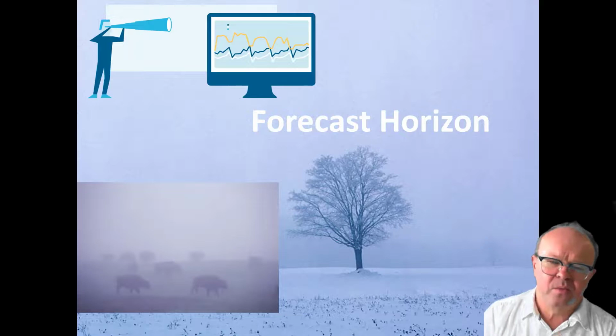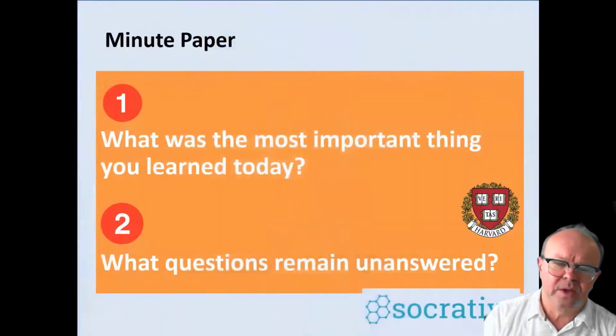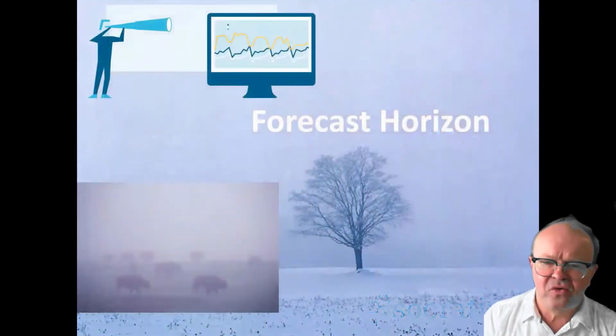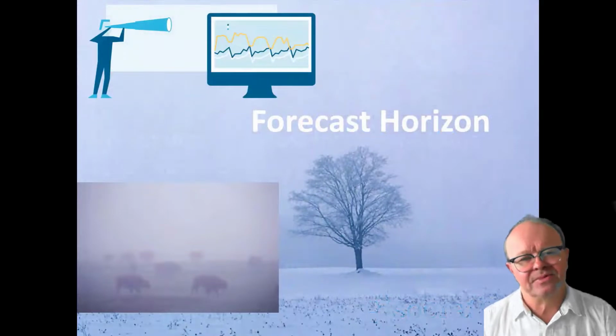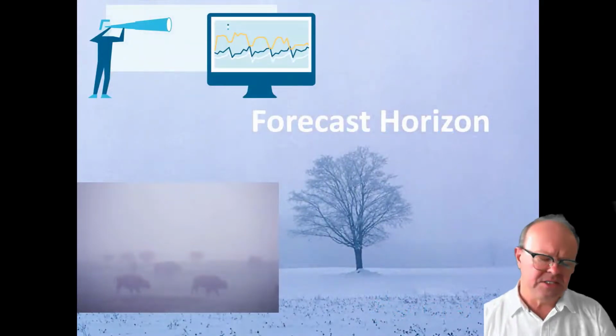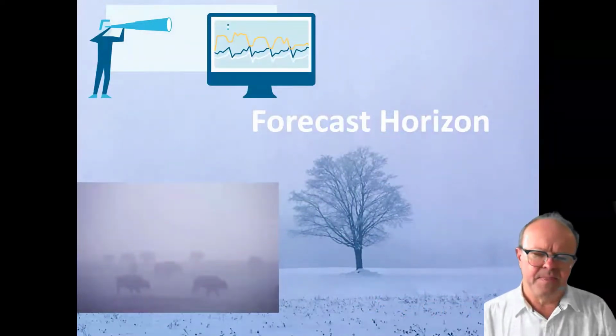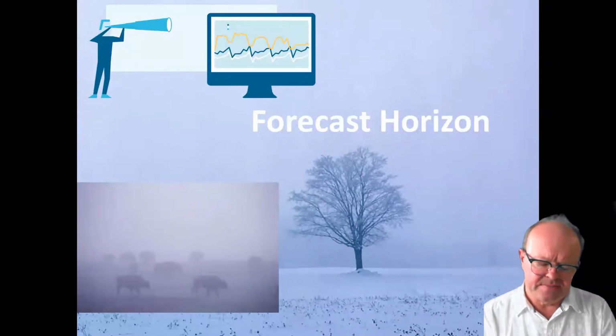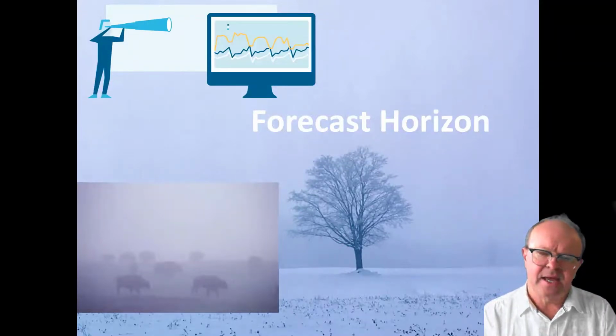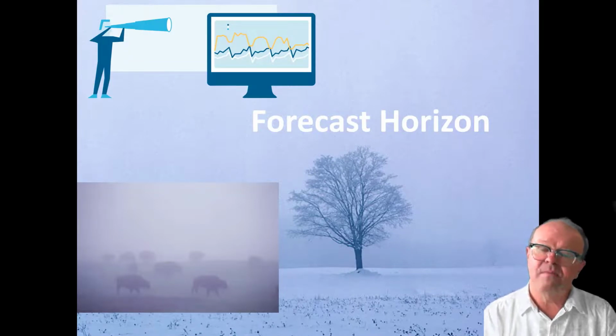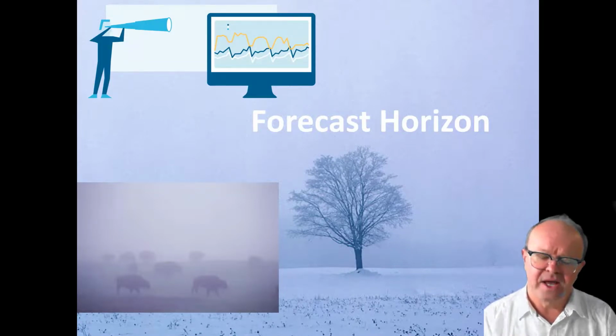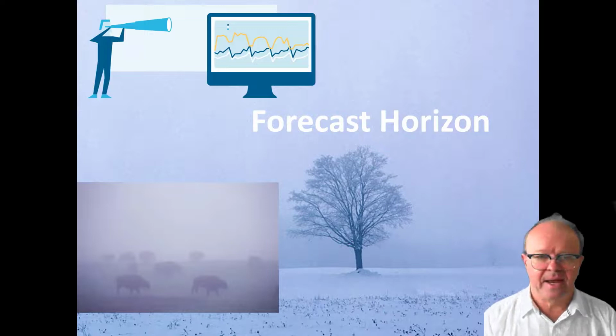So what do we do? Well, with a forecast horizon, we make some assumptions. And you can see that in the reading, you'll see the assumptions we make about sort of steady state assumptions about what might be happening after the forecast horizon. We can't see it.